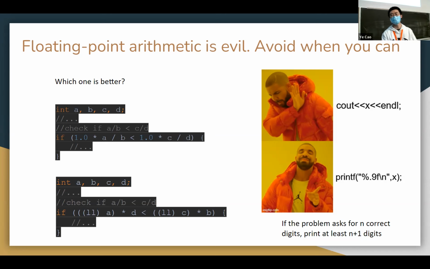One of the correct ways is to use printf. You specifically ask printf to print 9 digits after the decimal point. As a general rule of thumb, when a problem asks you for n correct digits, you should print out n plus 1 digits, if not more.